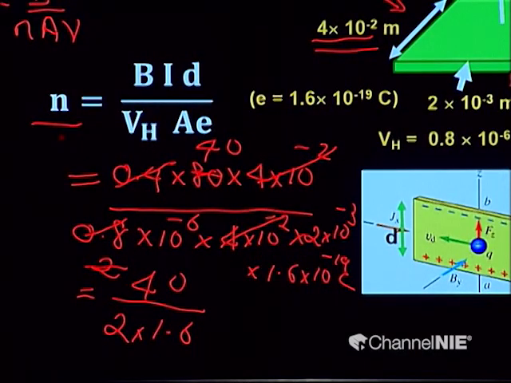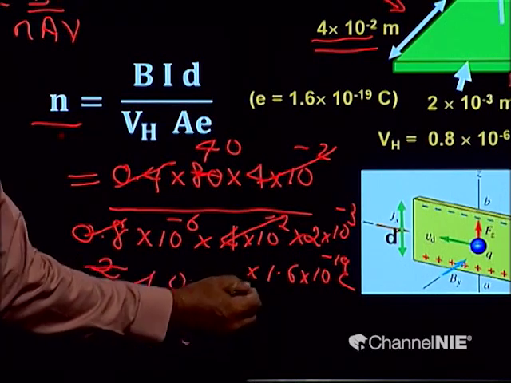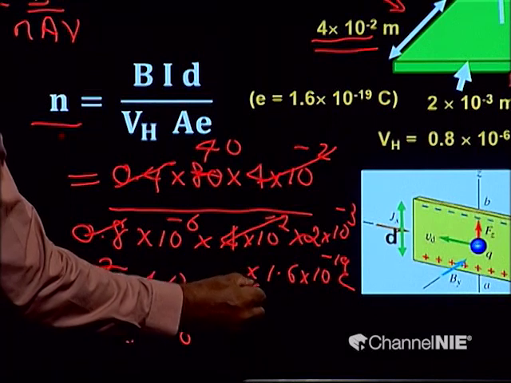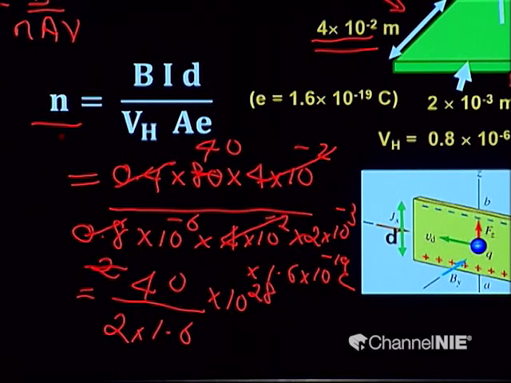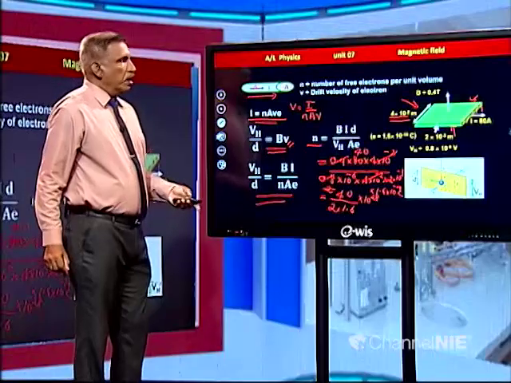So, this one 10 to the power minus 19 and 3 minus 9, 10 to the power minus 28. Let's go upward, then 10 to the power 28. Okay, then you will solve that and get the answer.